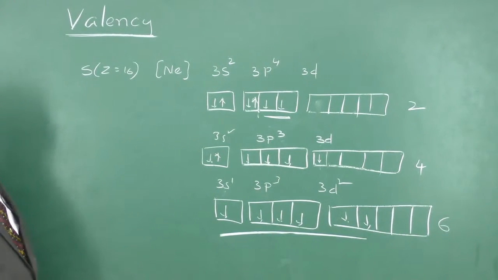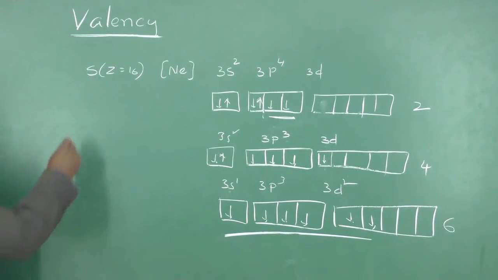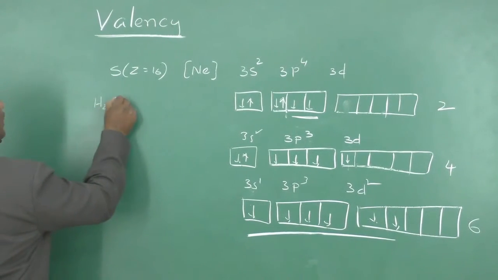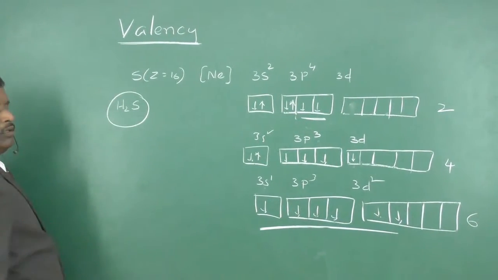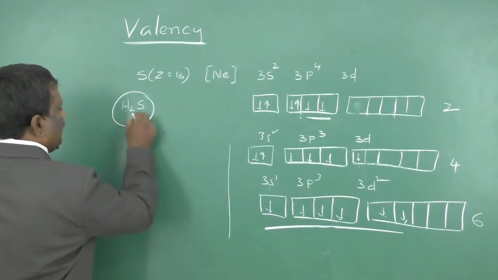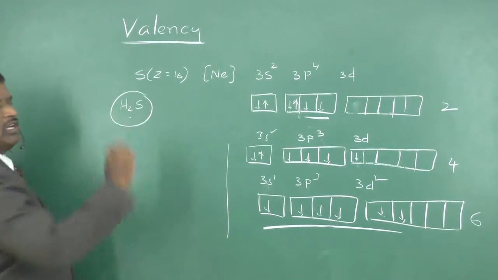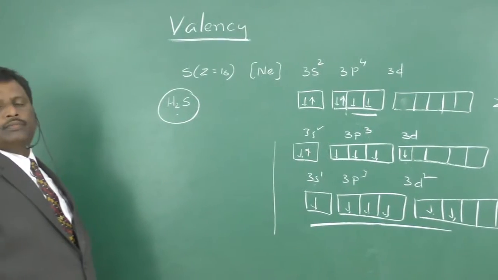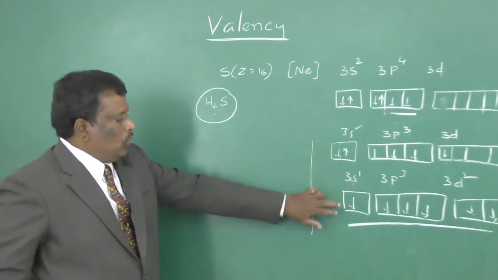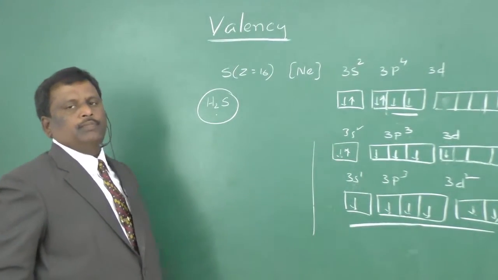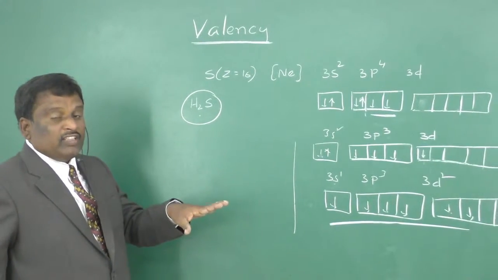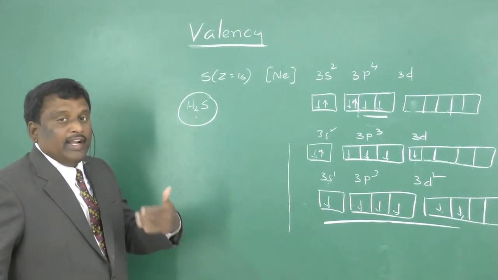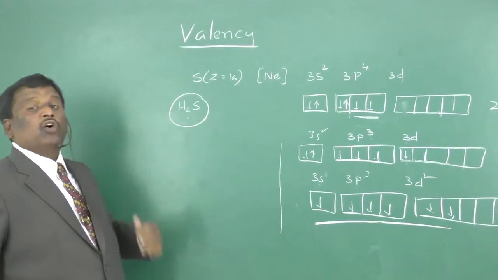Suppose sulfur is combining with hydrogen, it can form only H2S, because these excited states are not possible when it combines with hydrogen to form a compound. These 2 excited states are possible only when it is reacting with highly electronegative elements like oxygen and fluorine.